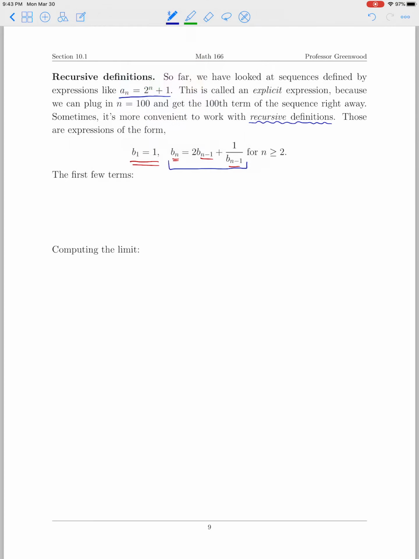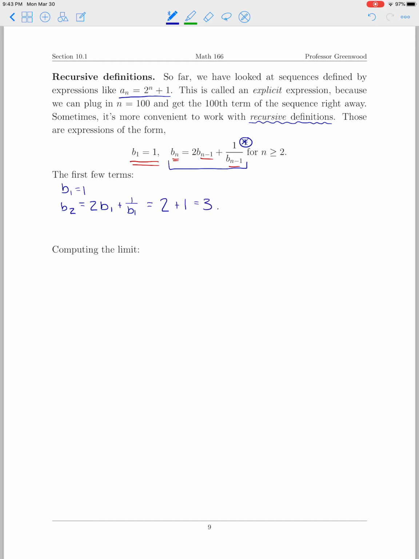So let's look at a couple terms in the sequence just to make sure that we understand how the sequence is built. We already know that b sub 1 is equal to 1. Then if I plug into the starred equation, I can figure out that b sub 2, just plugging in n equals 2, is going to be equal to 2 b sub 1 plus 1 over b sub 1. Now I can plug in that b sub 1 is equal to 1 to figure out that this is going to be 2 plus 1, or in other words, 3.